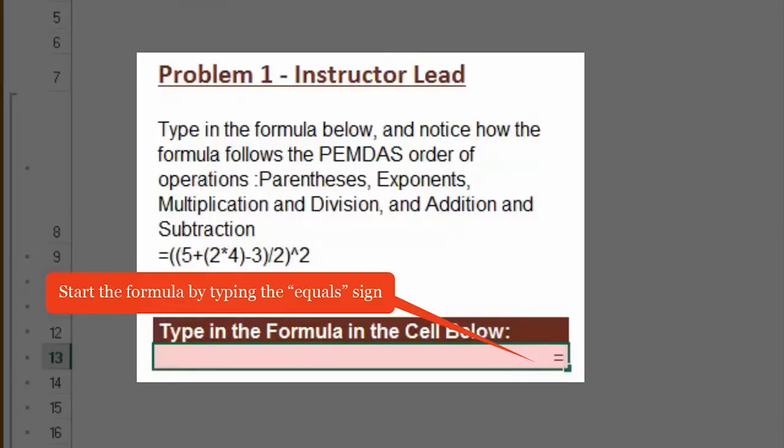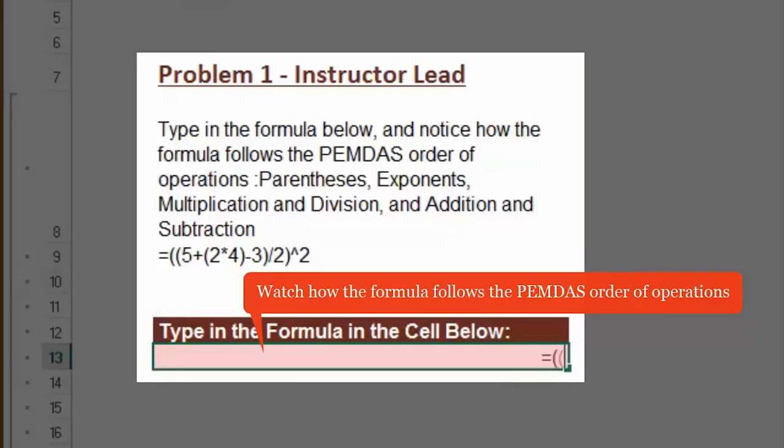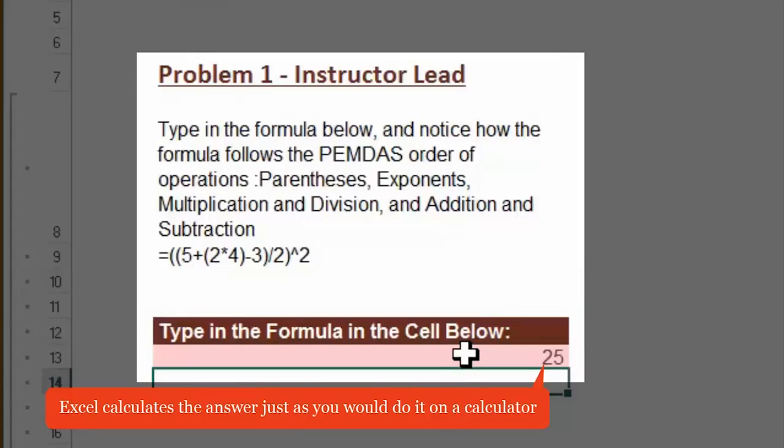Now I'm going to write the formula that is indicated above, pressing Enter to signal that I'm done. As you can see, Excel calculates the answer just the way you would do it on a calculator.